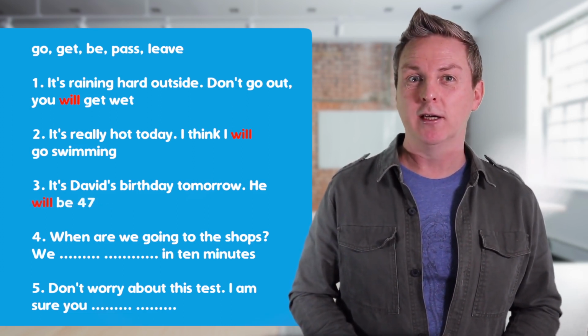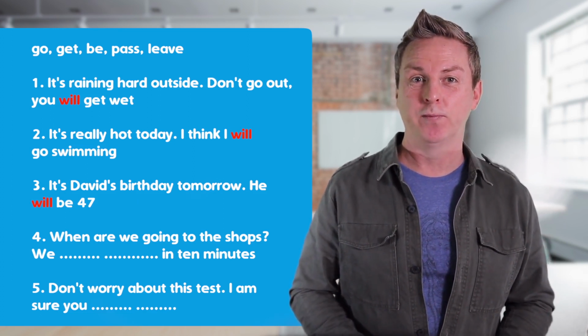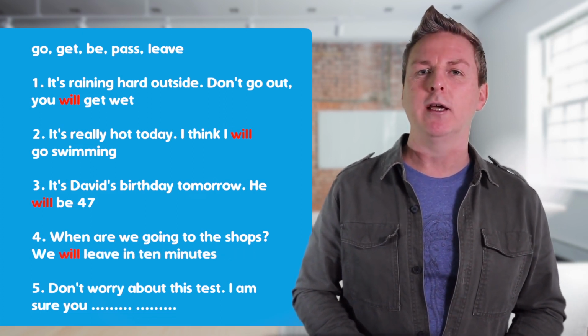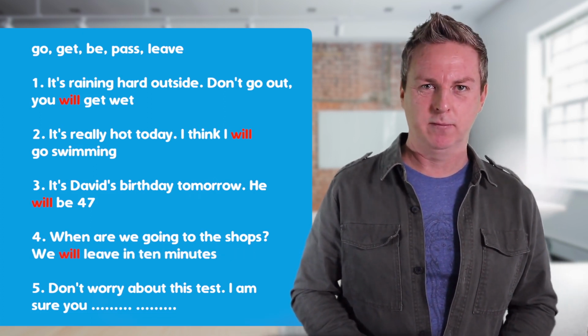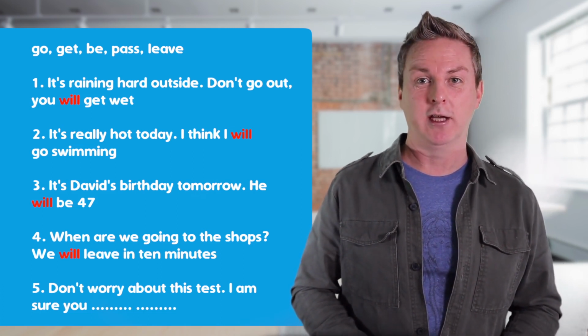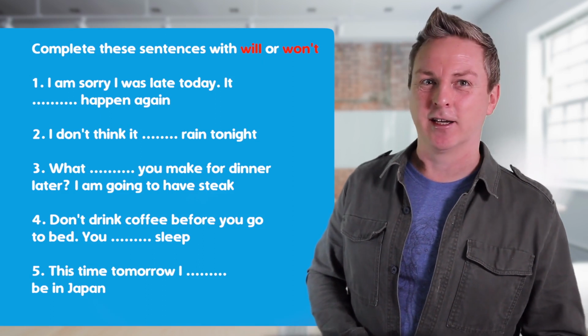He will be 47. Number 4. When are we going to the shops? We will leave in 10 minutes. And number 5. Don't worry about this test. I'm sure you will pass. Okay. All right. Next exercise.